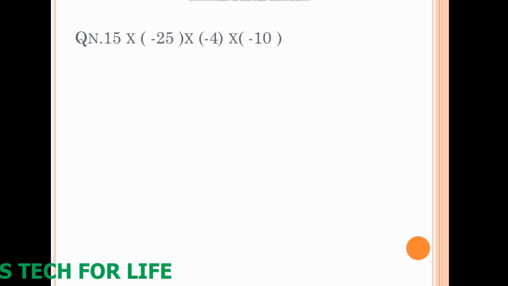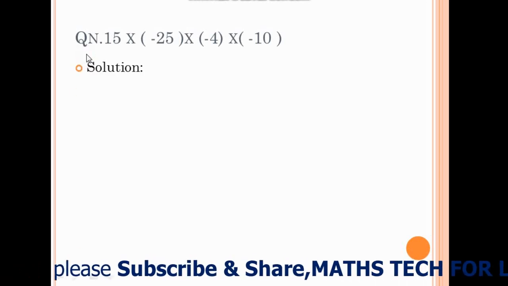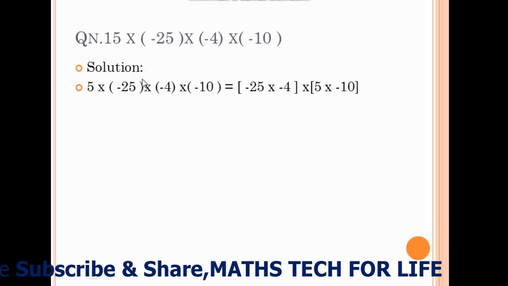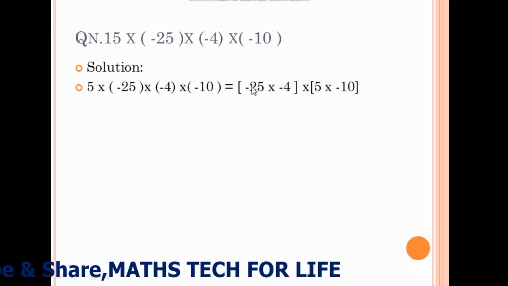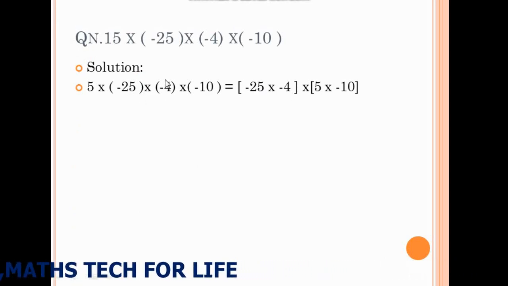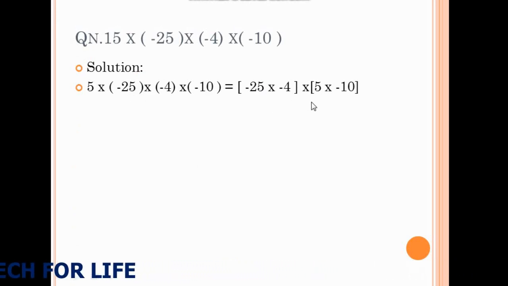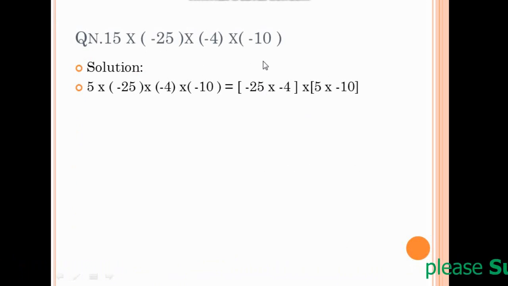Most of the time if you get this type of calculation, first you have to think: when you group some numbers, you will get 10, 100, 1000 like that. It is very easy for you to multiply. So here I will write the solution like this. First I will take negative 25 and negative 4 as a group, multiplied by, because all the signs here are multiply, 15 multiplied by negative 10.